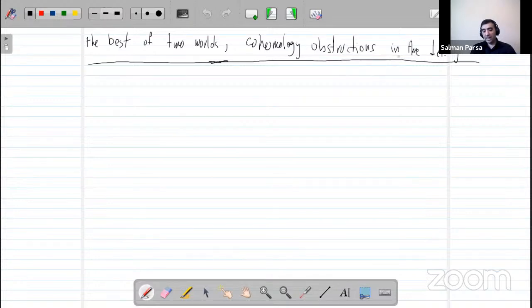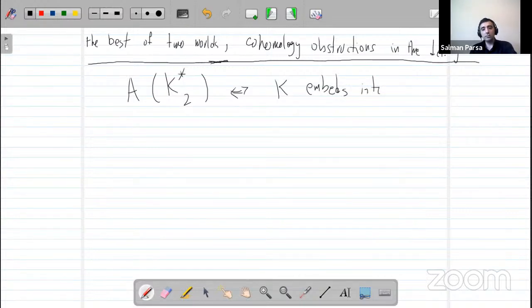And for that, we want to assign some class, which I denoted with A, of the deleted join, such that K embeds into R to the 2D if and only if this A is 0.